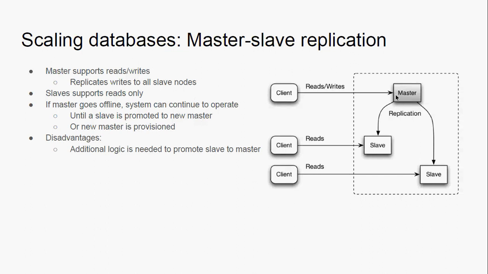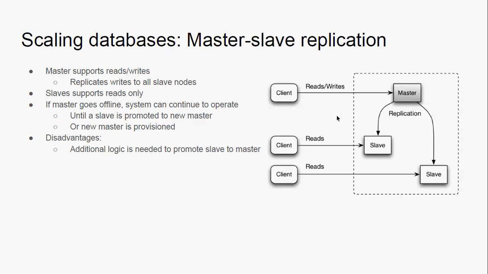Since we have one master here, if that goes down, you need to have some logic for the slave to get promoted to the master. That means most likely the slave will need to take over the master IP address and declare itself as a master. So if this master has gone down and we promote slave 1 to master, we will have one master and one slave, and it can still serve the user traffic.